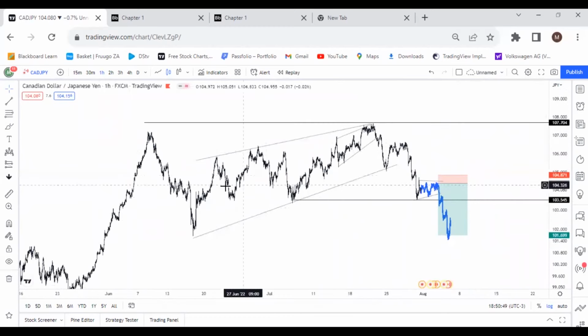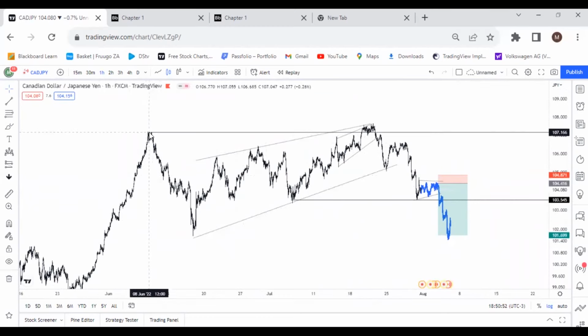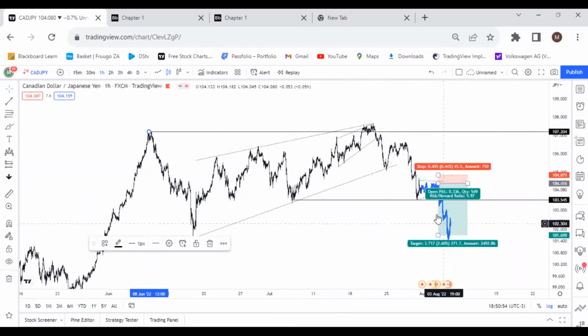So that is the setup of Canadian Japanese yen.